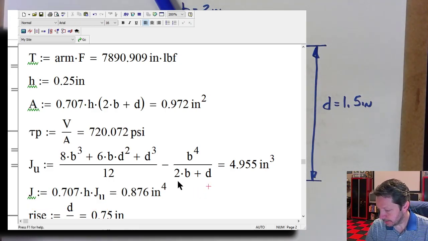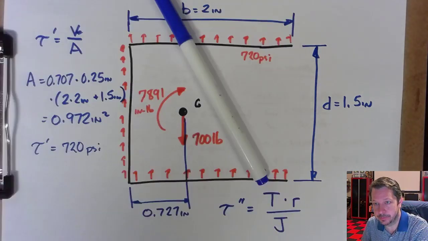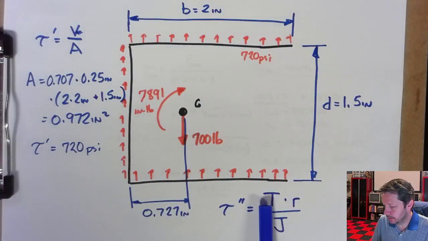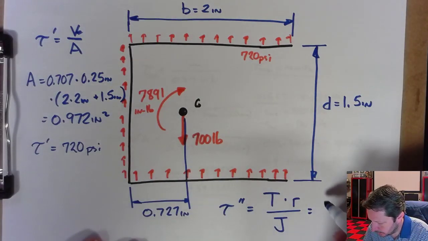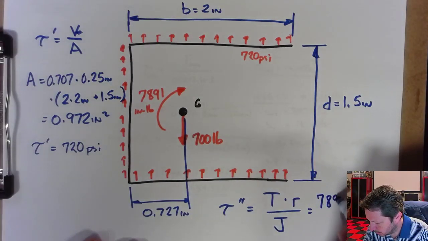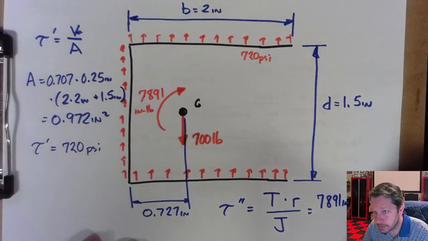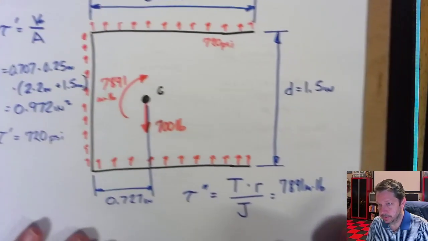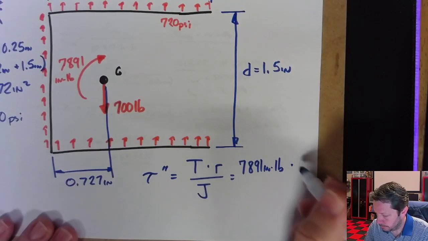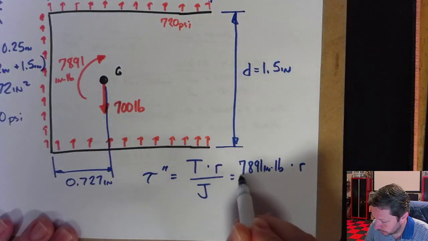Okay, that leaves us, let's get some of this stuff off the screen. That leaves us, T is 7,891 inch-pounds. Oh, I have to slide over. R, we don't know.